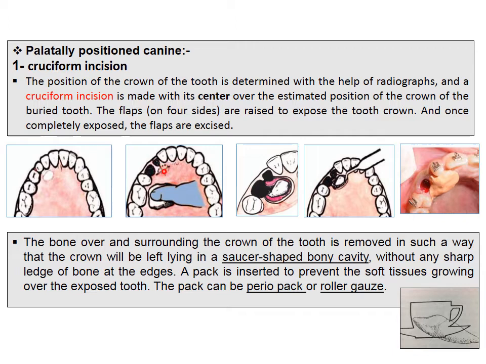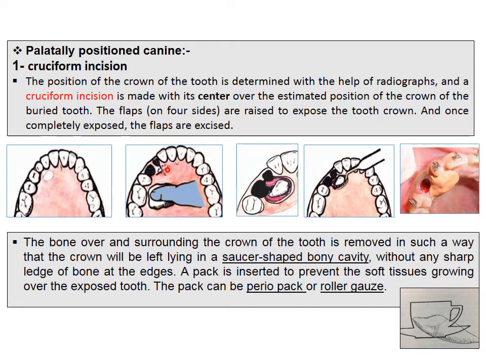Here you see the second picture: removal of the bone with the excision of the flap, and this is the tooth exposed. This is the raw area covered with Coe-Pak or rolled gauze after the exposure, to apply the auxiliaries for orthodontic treatment.